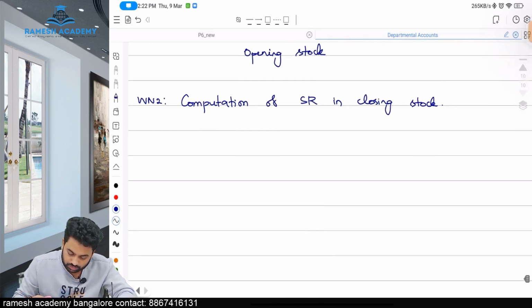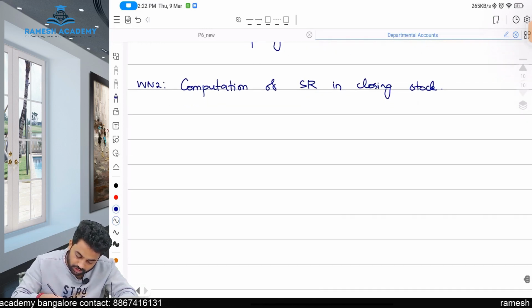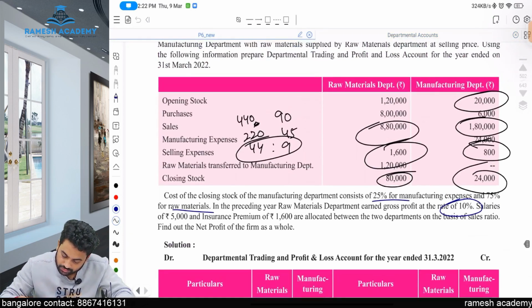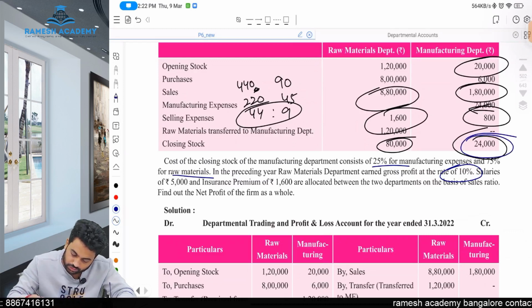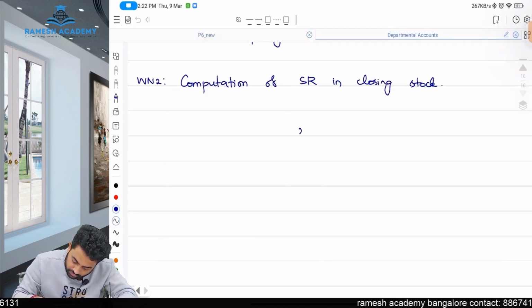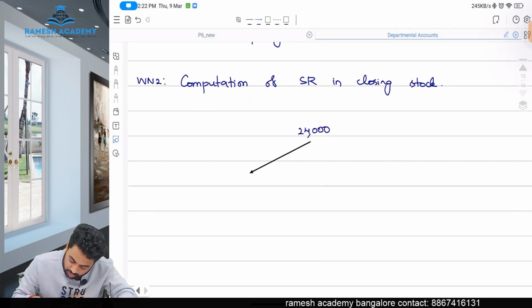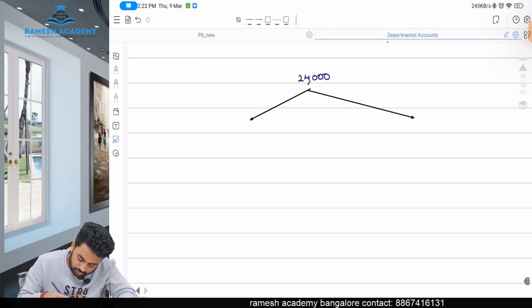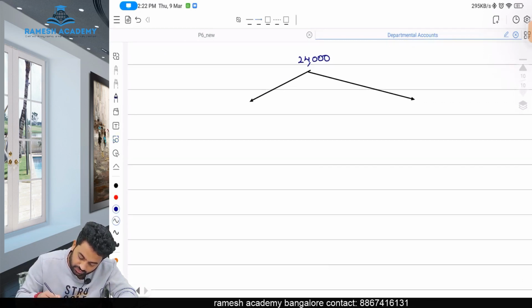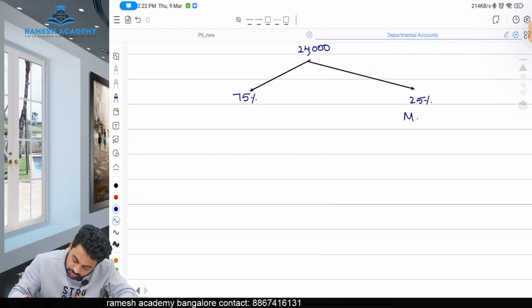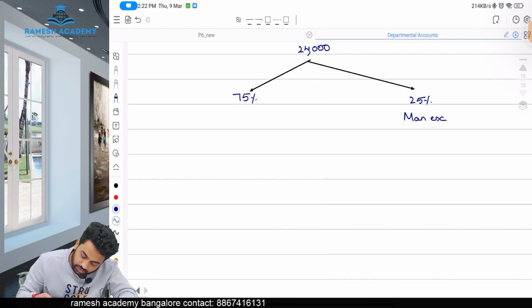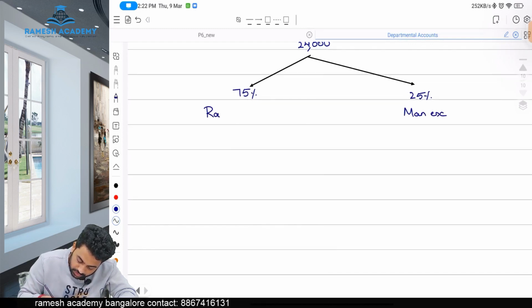How to compute? Simple. How much is the total available? Total available is closing stock. 24,000 is the total available, right? Out of 24,000, 25% will go towards manufacturing expense, 75% will go towards raw material.